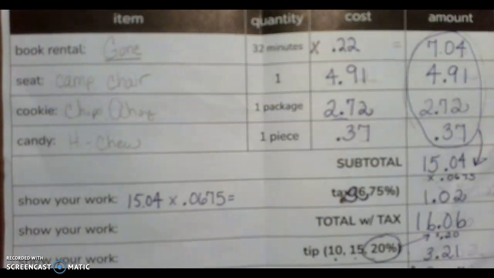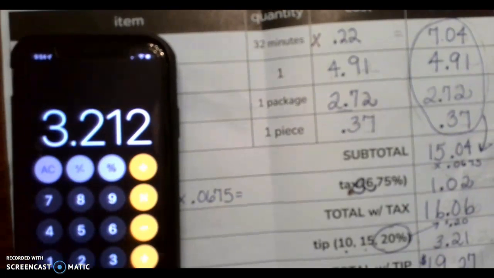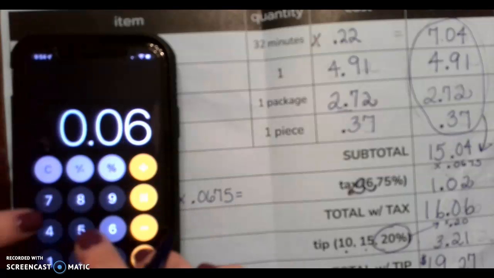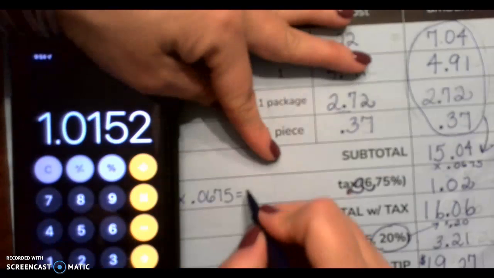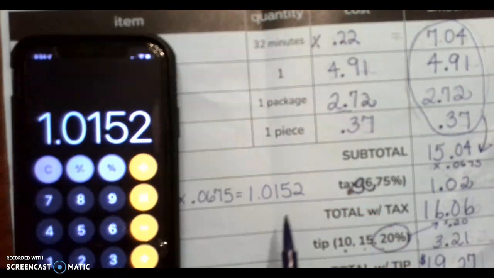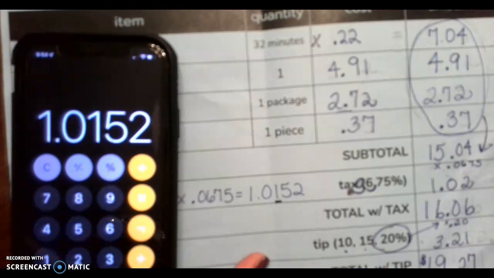And if I do that on my calculator, I want to show you how it's going to look on the calculator. It was 15.04 times 0.0675. My answer was 1.0152.